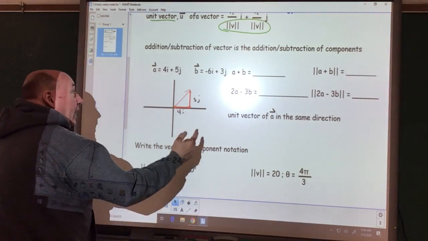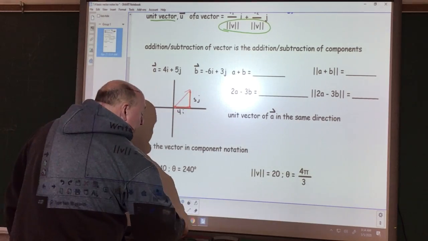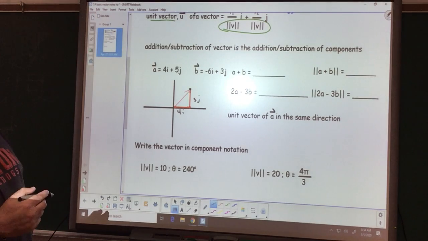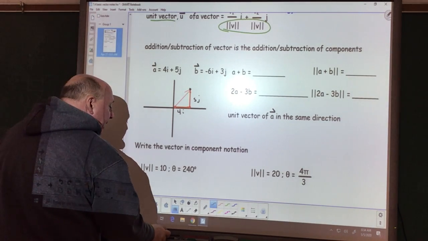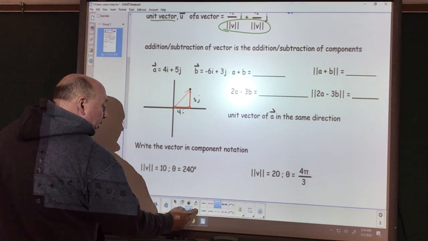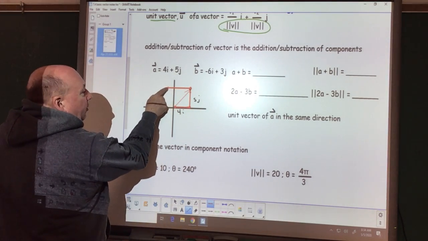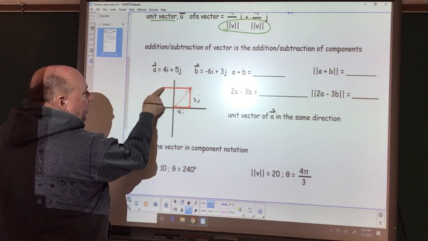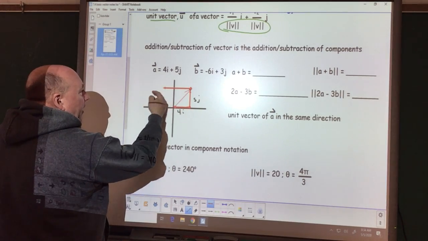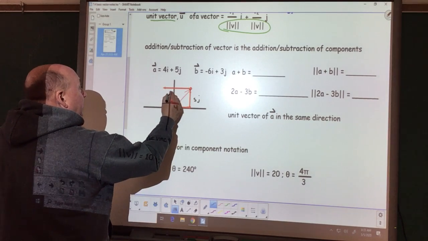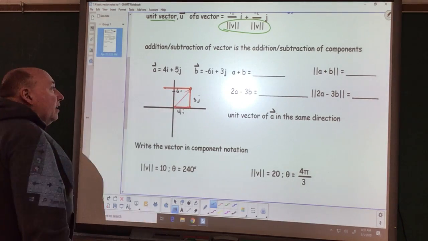So when we add to this, we are stopping at this point right here, and now we're going to go negative 6 in the I direction. That would take me, let's see, that's 4. Then I go negative 6 in the I, so this would be negative 6I.